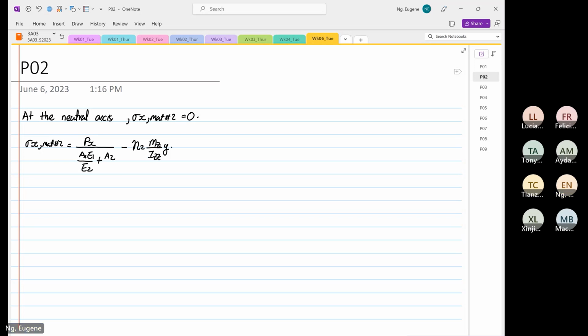Okay. So now at the neutral axis, this whole thing is equal to 0. So if I rewrite equation number 1, we have Px over (A1 E1 over E2 plus A2), and this will be equal to N2 Mz over Izz.